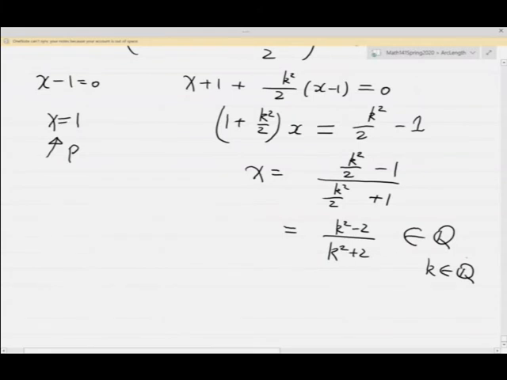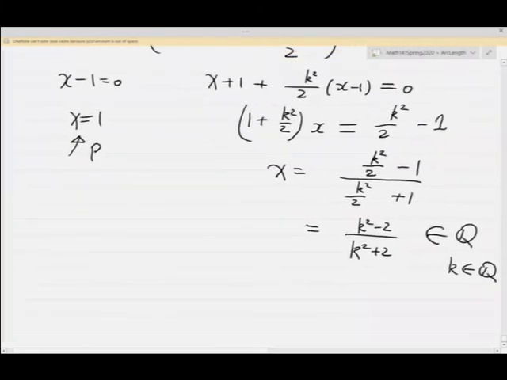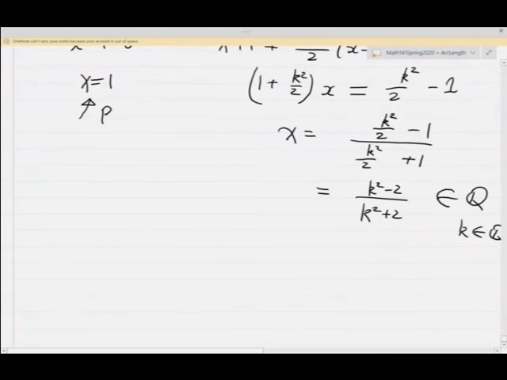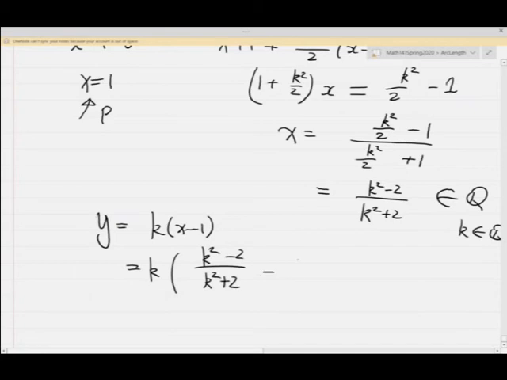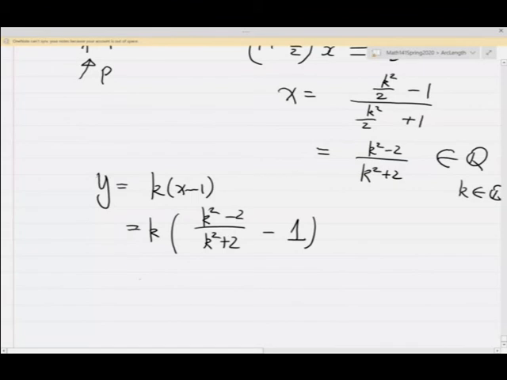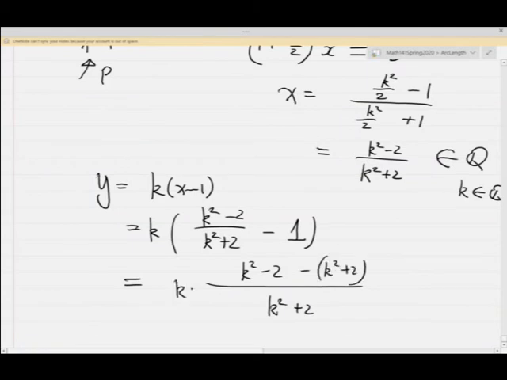Okay, so then you can solve y. So y is k times x minus y. You got a k. X is k squared minus 2 over k squared plus 2. Then what you get is common denominator, k squared plus 2, k squared minus 2 minus k squared plus 2, multiply k. And then you take off the parentheses.